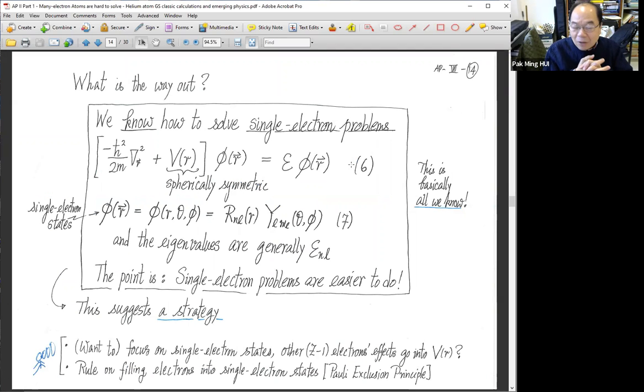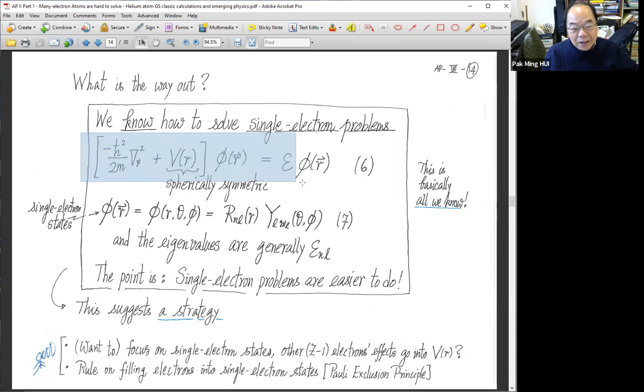So what is the way out? The first idea is that we want to rescue the picture of the single electron problem. All in all, we want to make use of the knowledge that we know.